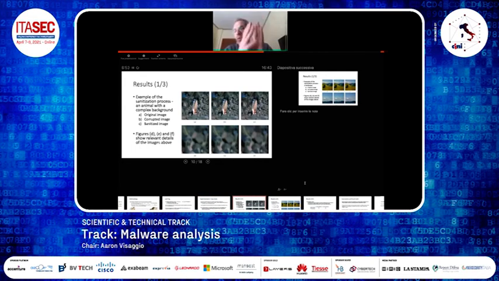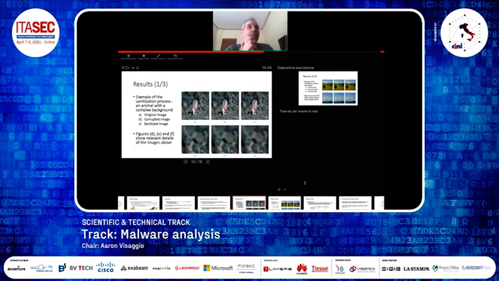Now we can see the experimental results. First of all, I'll show some qualitative results. In the first row of this slide, you can see an example with the original image, the corrupted one, and the sanitized one.